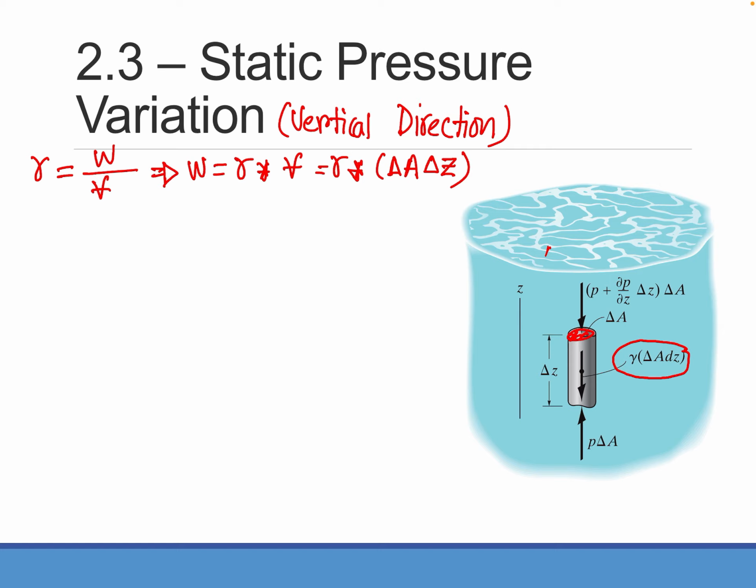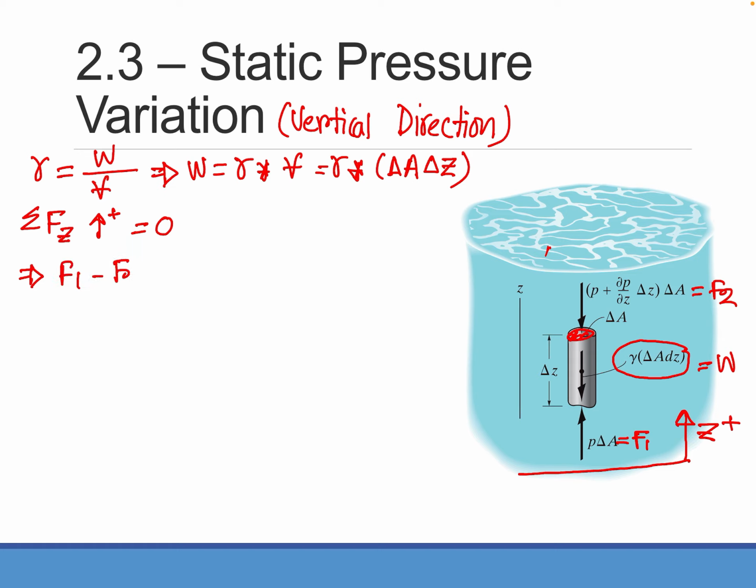Now we will use the conventional sign, which is the upward direction is positive. From your statics class, Fz in upward direction is positive, and it's 0 for equilibrium. Now if I say this one is F1, this one is F2, and this one is W, then F1 will be positive, F2 will be negative, and W will be negative also.